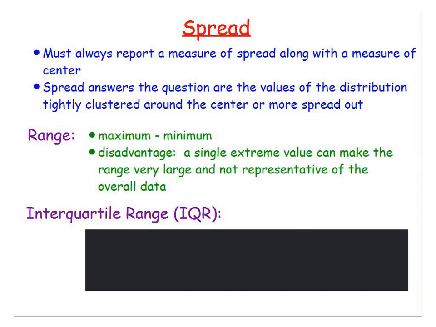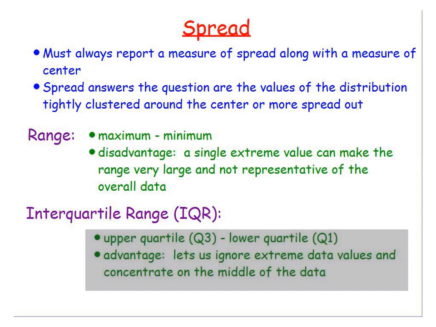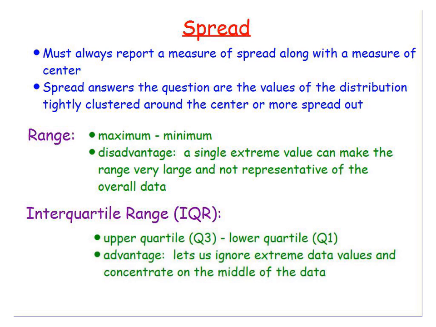We use what's called the interquartile range, or abbreviated IQR. The interquartile range is your upper quartile, which is Q3, minus your lower quartile, which is Q1. Now this one has a much bigger advantage.